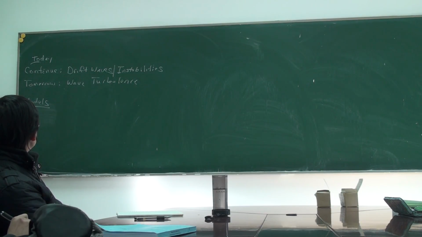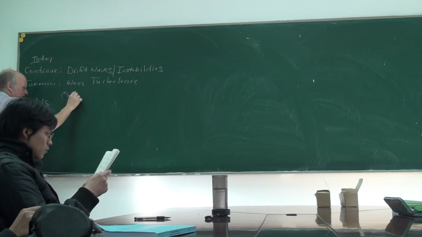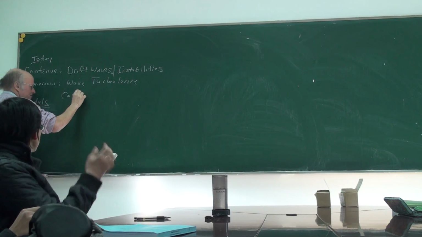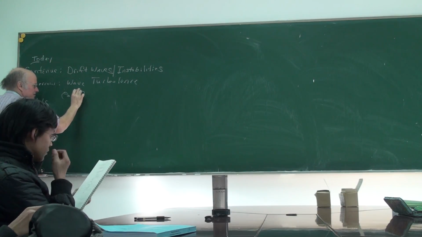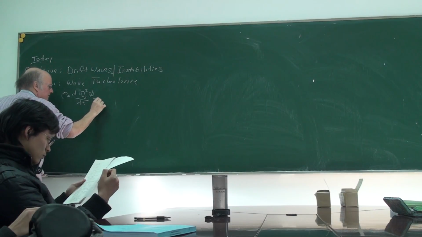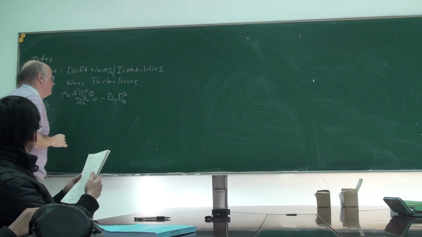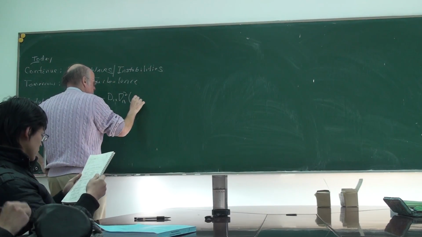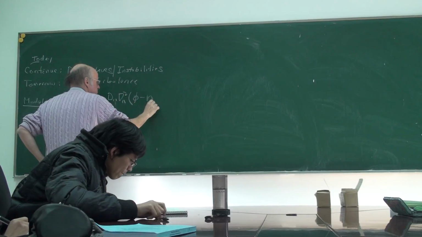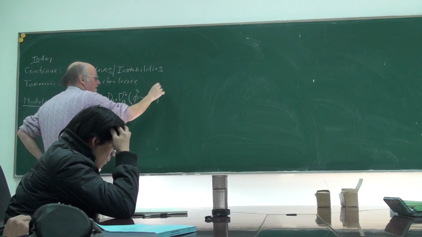And we derived two of these, I think, fundamental models, and I just write in normalized variables. The Hasegawa-Wakatani model for collisional drift waves. And it's understood that this is phi hat, right?